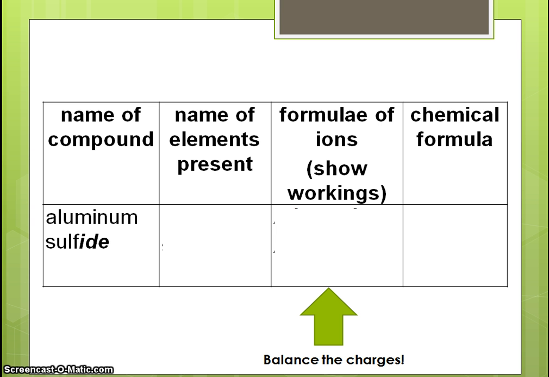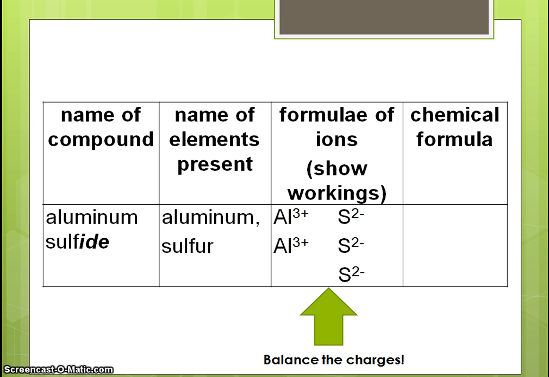Now, let's look at our last example. We have the compound aluminium sulfide. The name of the elements present in this compound is aluminium and sulfur. And the formula of the ions that are present, they are your aluminium ion Al3+ and your sulfide ion S2-.